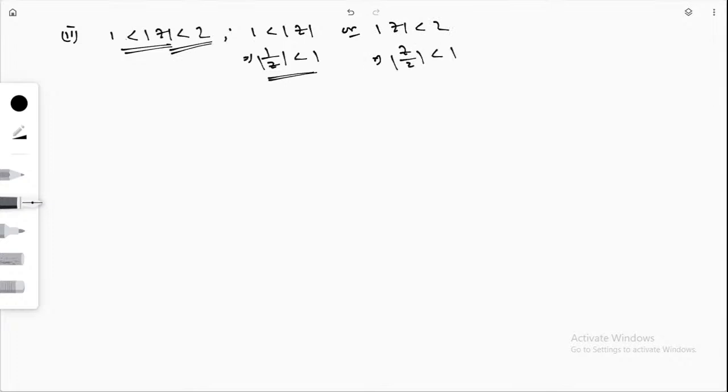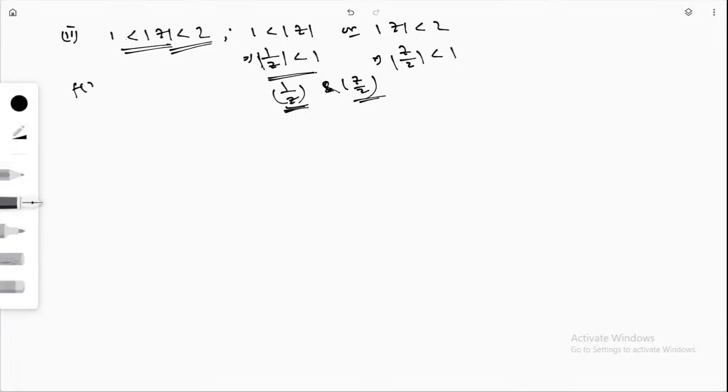So whatever Laurent power series you want to get, all these things will be powers of 1 by z and z by 2. Whatever problem is given to you, you have to make it in such a way that you get the power series in this form, 1 by z and z by 2.